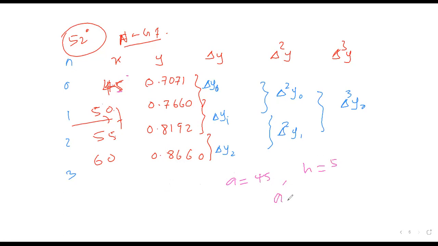So we know a plus ph is equal to, they ask you to find 52. Okay. So from this only we need to find our p. So p is equal to what? 52 minus a divided by h, no? So you can find the p also. Okay.